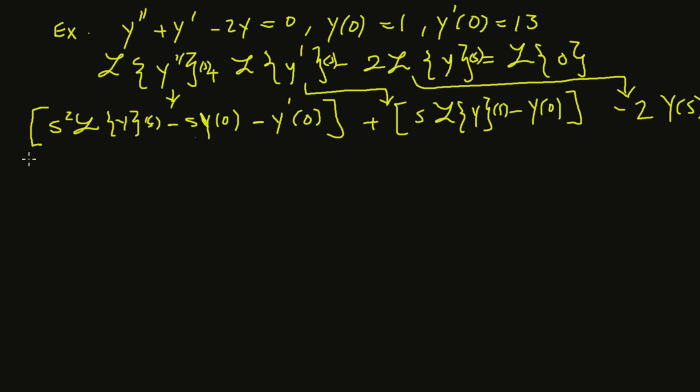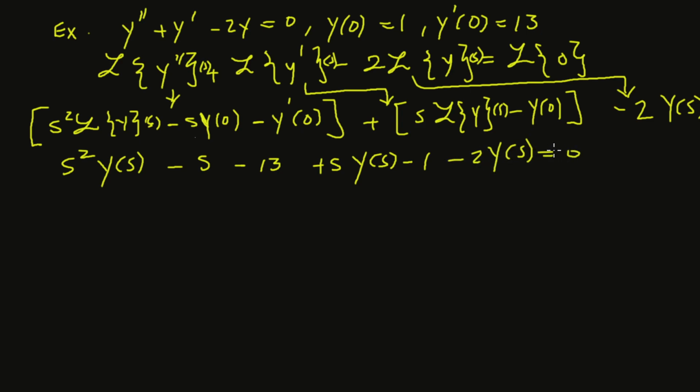Right, let's clean this up. S squared times Y of s minus, we have 1 times s, so s, minus the initial condition 13 given, then plus s Y of s, then minus again the initial condition 1, minus 2 Y of s equals 0.